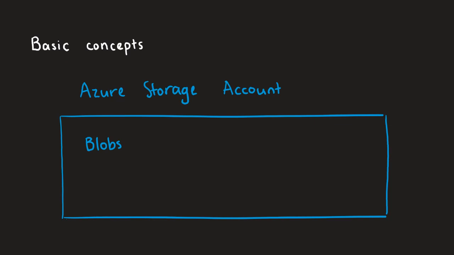What blob stands for, if you don't remember, is binary large objects, files. So essentially it gives us flexibility of creating any kind of content and saving that in the storage account. But this is not quite Azure Data Lake Storage yet. Azure Data Lake Storage is built on top of the blob service capabilities.